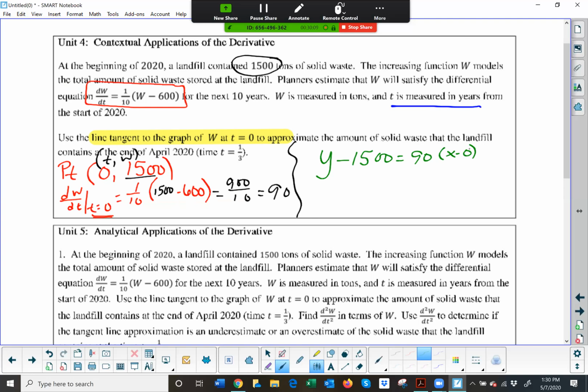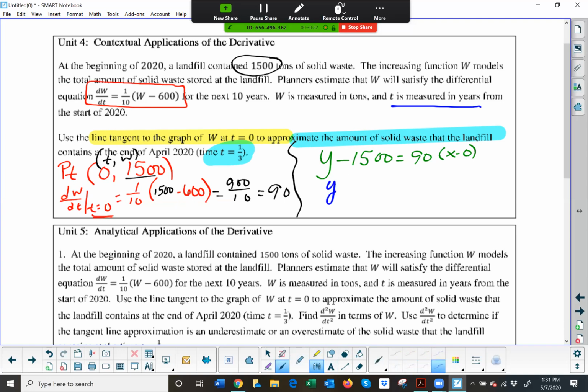Then second part is, okay, use that equation to approximate the landfill at the end of April. So we want to come in with t being 1/3. So we're going to use the estimating process from our equation of the tangent line.